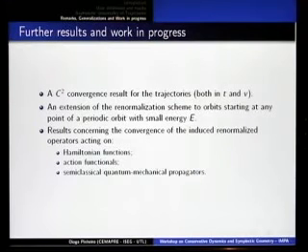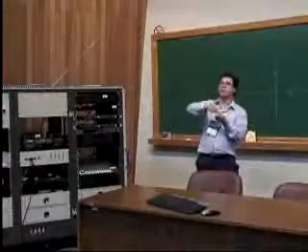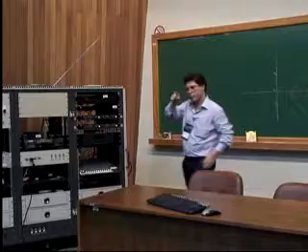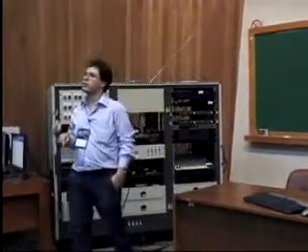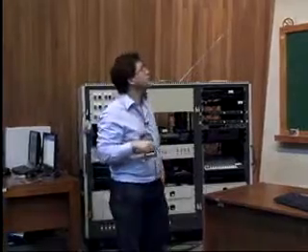We are preparing an extension of this renormalization scheme to act on trajectories leaving from any point on the energy level sets of this system. So notice that I was leaving only from the elliptic equilibrium with some velocities. So we're preparing an extension to leave from any point on the energy level sets of these systems.